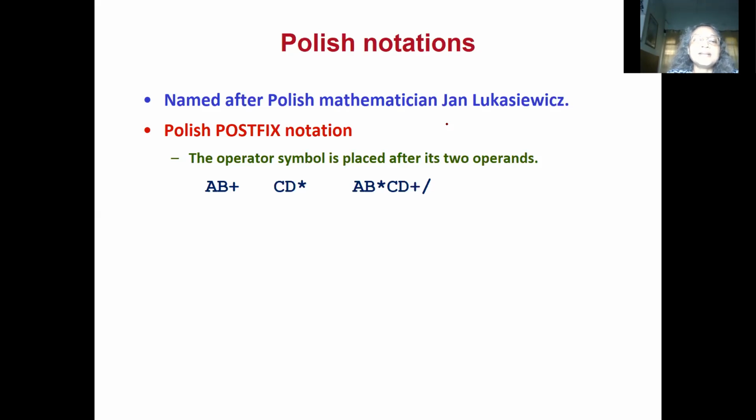Then we have minus of E into F. So E into F is star EF, and minus we put here. Then this whole thing minus G. So we put a minus here and put a G. So this is the prefix expression corresponding to the same expression. So let me write down again and clean this up a little bit.